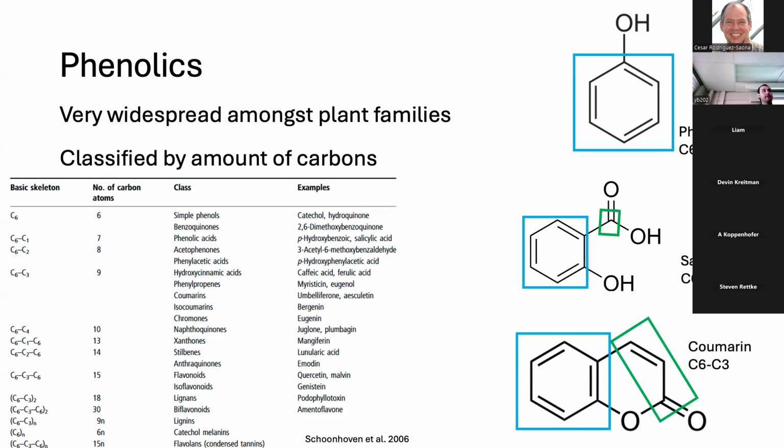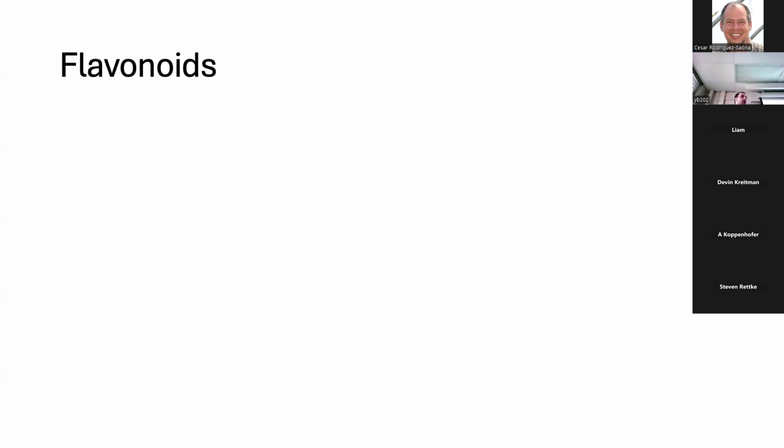Any other carbons coming right off of it are what we call the extra backbones, and then you could build more phenol groups off of this. One of the most common groupings of these phenolics are called flavonoids, which are C6, C3, C6 compounds.